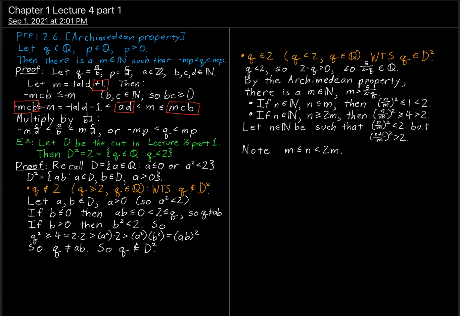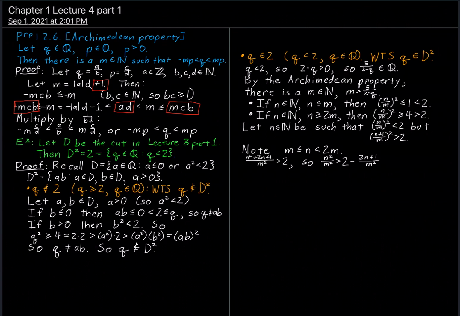And I want to say a little bit more about this n plus 1 over m squared condition. We're going to multiply out the numerator. N squared plus 2n plus 1 over m squared is greater than 2. So n squared over m squared is greater than 2 minus 2n plus 1 over m squared.